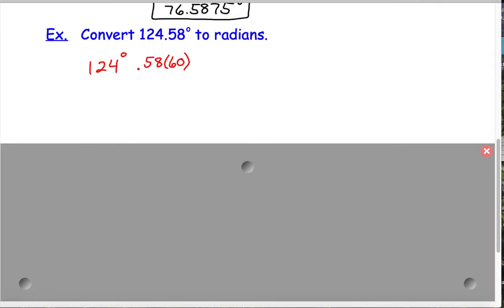It's 34.8. So I've got 124 degrees and 34.8 minutes. Now I want to know 0.8 minutes is how many seconds. So I have 124 degrees, 34 minutes, and 0.8 times 60, well, that's 48 seconds.